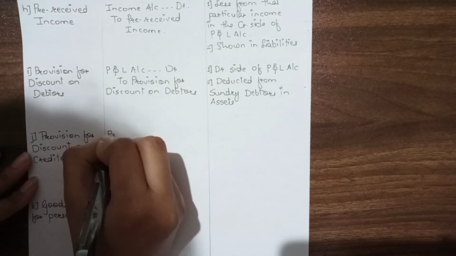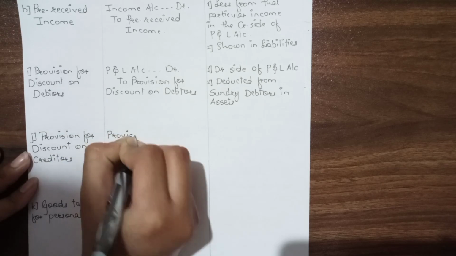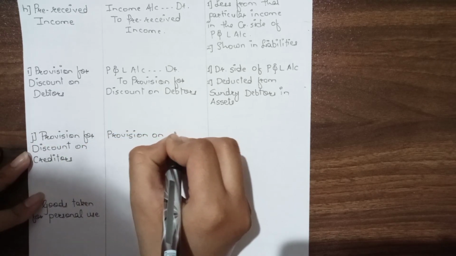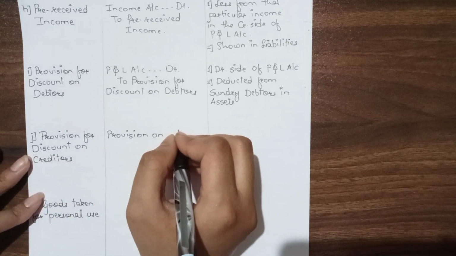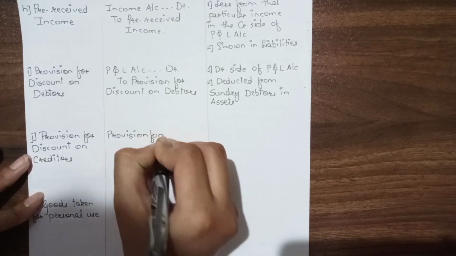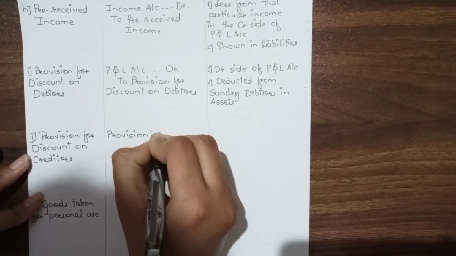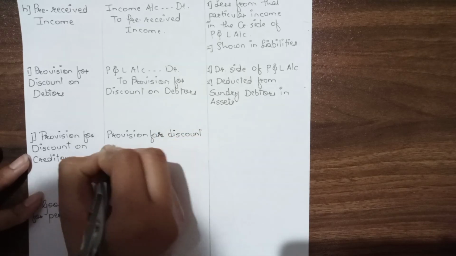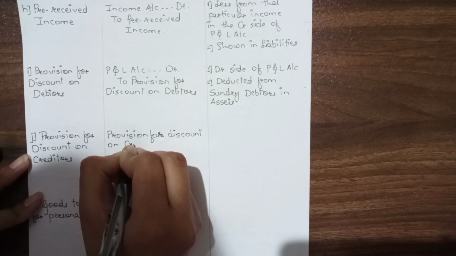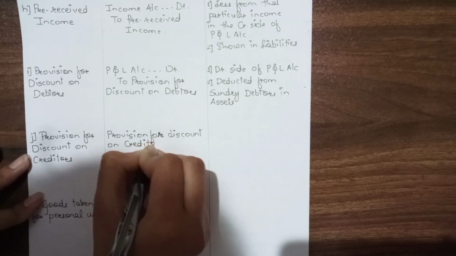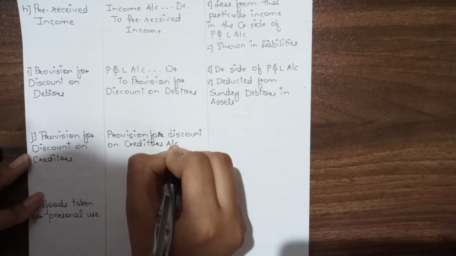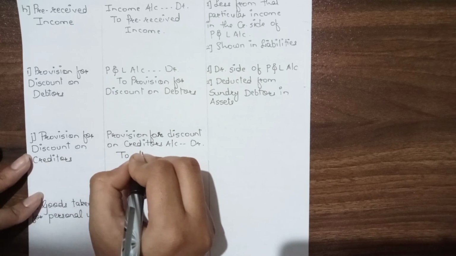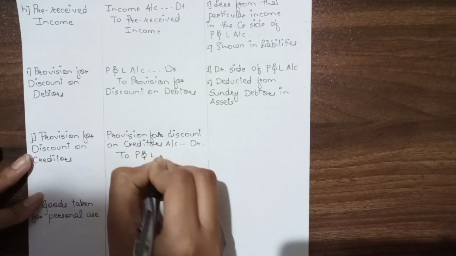Here we are creating a provision on creditors, so provision for discount on creditors account debit to profit and loss account.